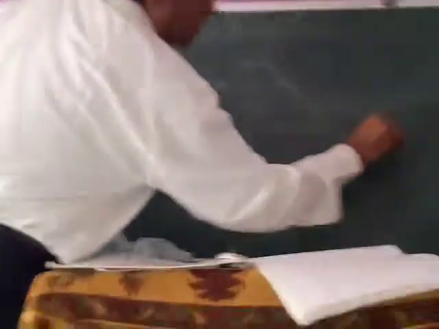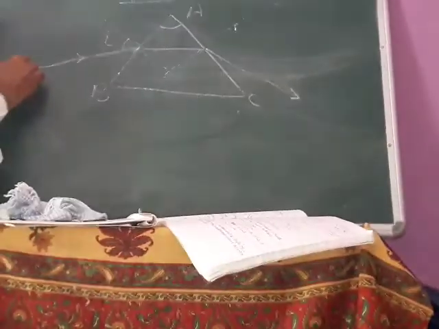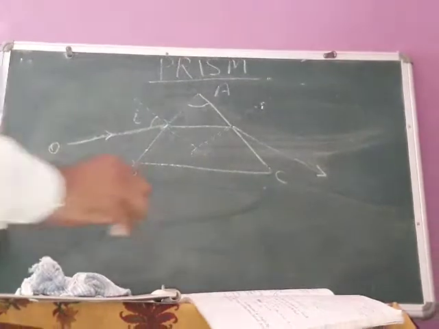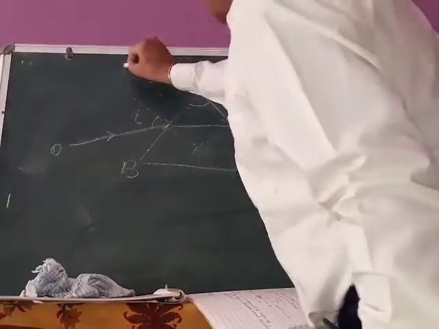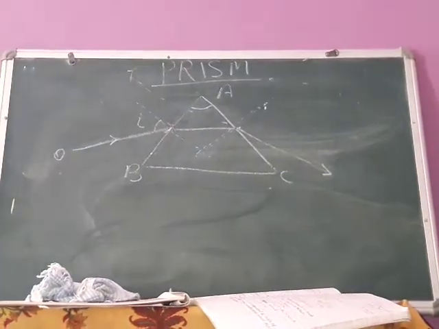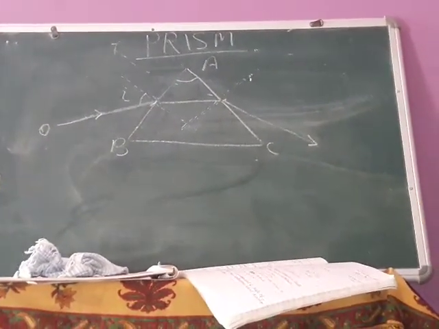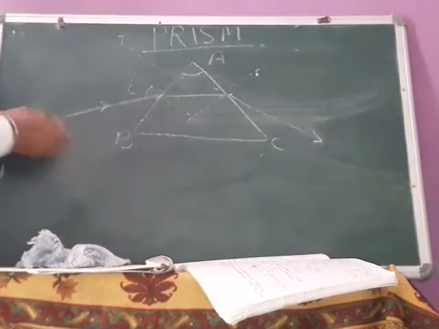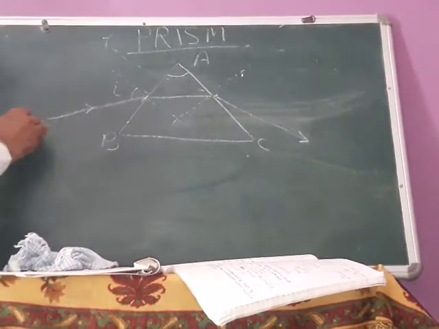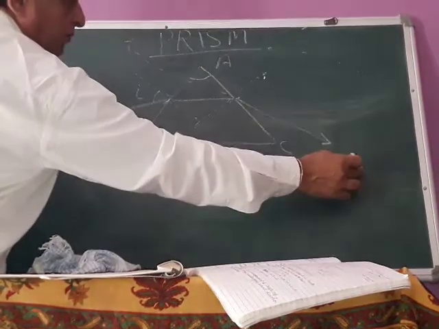It will go away from the normal, so it will go in this way. So what happens? An object is placed over here. If you see from this side, the object will virtually seem to be at that place. So while you are looking at an object, it should be this way. Object here, then you have to watch from this side.